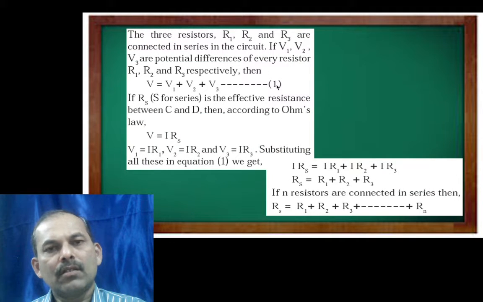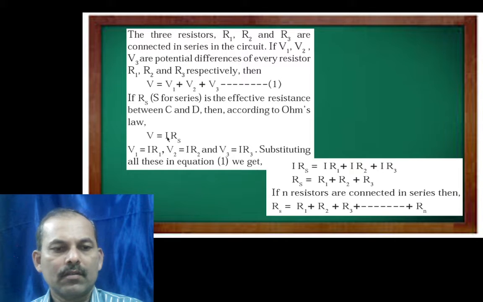Suppose this is equation 1. If Rs is the effective resistance in series between C and D, then according to Ohm's law, V equal to I Rs.